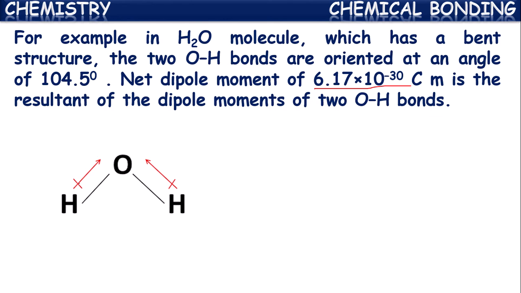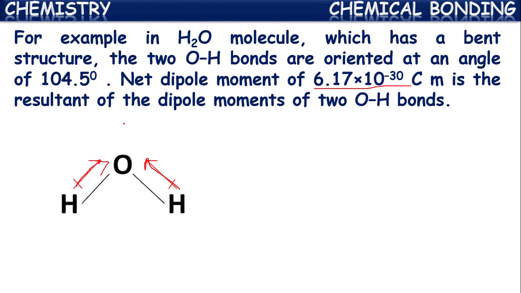That is represented like this, with a crossed arrow, the head representing the movement of the electron cloud towards oxygen. In a similar way, in this bond also the movement of the pair of electrons is in this direction. So as these have a directional property, they can be considered as vectors. Dipole moment is a vector quantity.